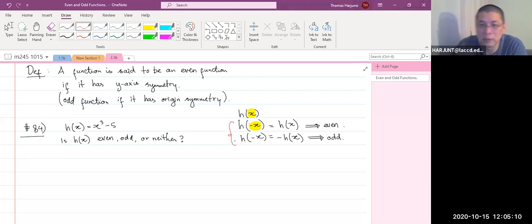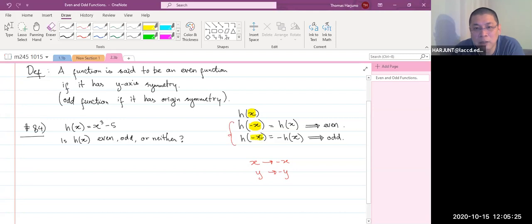Origin symmetry. But origin symmetry means x becomes negative x, and y becomes negative y. Okay, that's for odd functions.